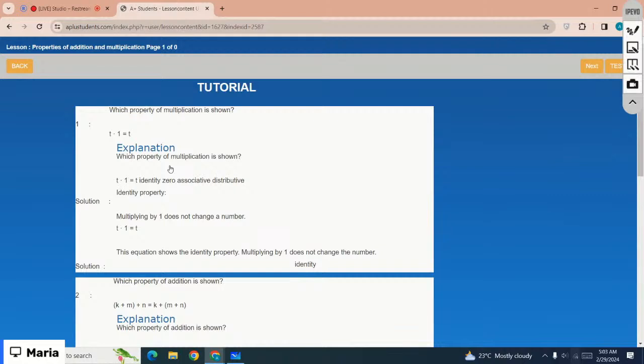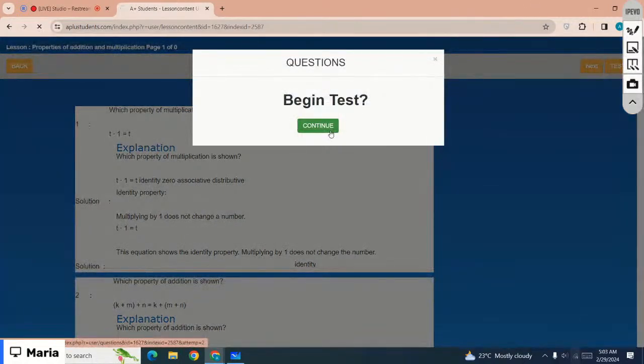Identity property means you multiply any number by 1, the answer is exactly the same number, right? Multiplying by 1 does not change the number, so that is the identity. Let's just start with the test questions.